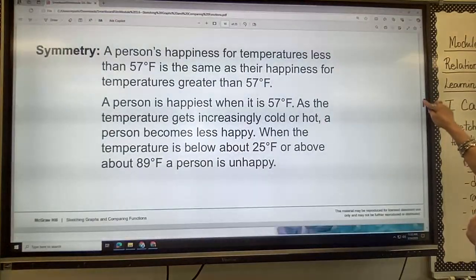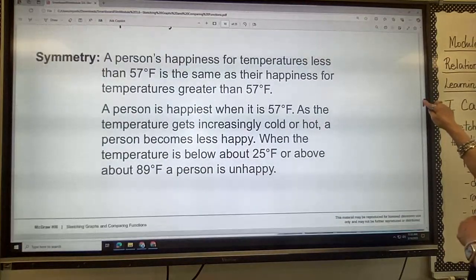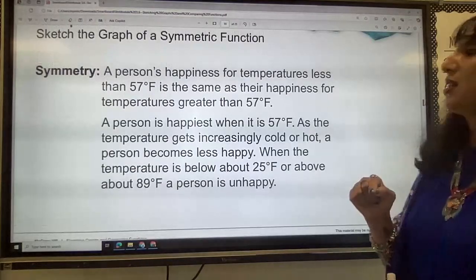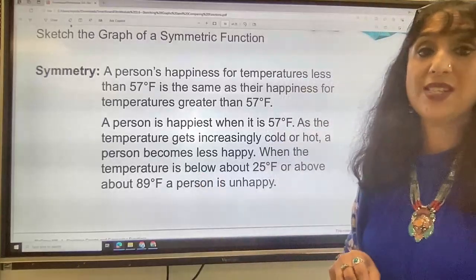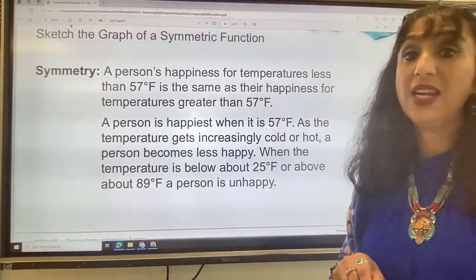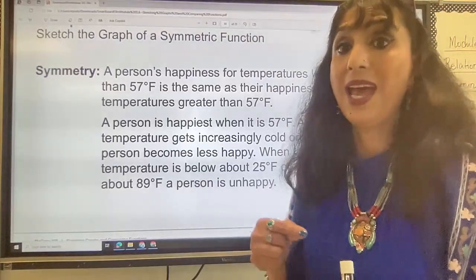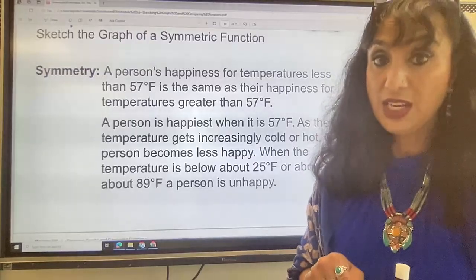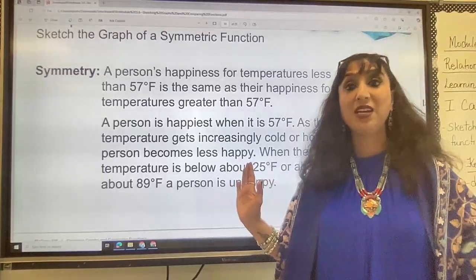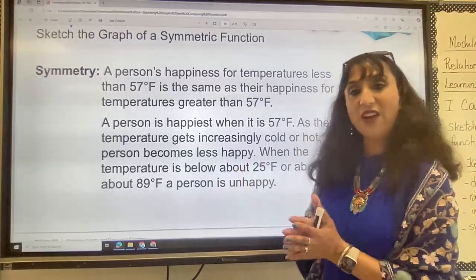And one more thing, it is symmetric, and it's telling us this also, another key feature: a person's happiness for temperatures less than 57 degrees Fahrenheit is the same as the happiness for temperatures greater than 57 degrees Fahrenheit. So a person is happiest when it is 57 degrees Fahrenheit.